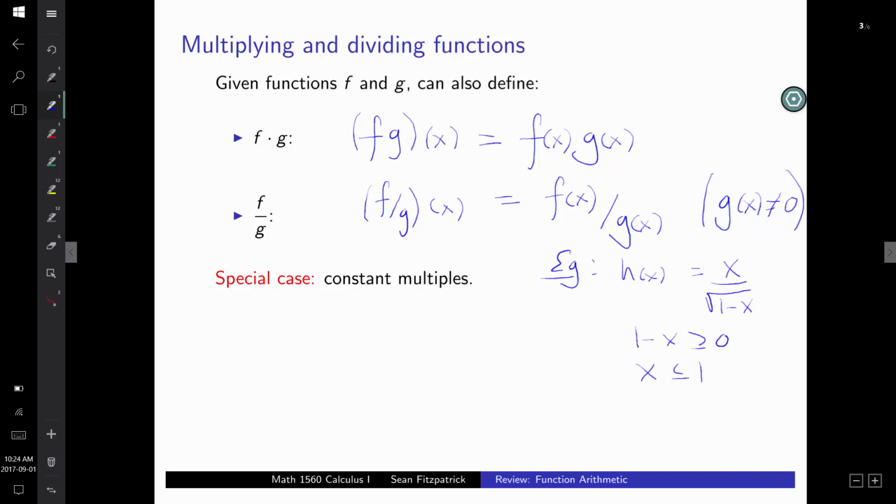But actually I can't let it be equal to 1 either, because then I would be dividing by 0, so in fact it's got to be strictly less than 1 because it's in the denominator. So you've got to watch out for things like that.